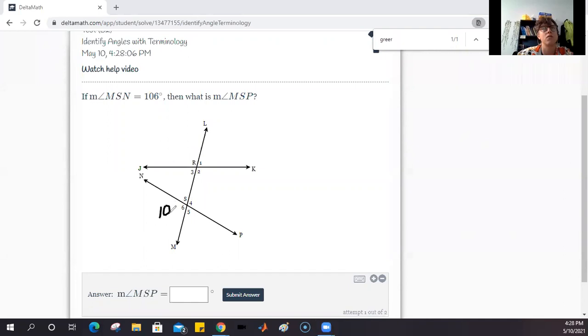So 106 plus X is going to equal 180. They make a straight line together. So we subtract 106 on both sides and get 74 degrees.